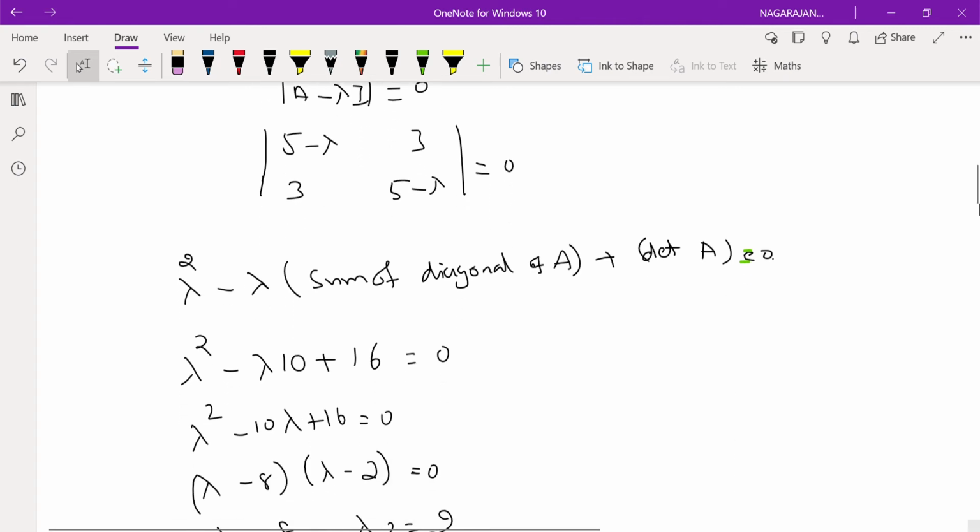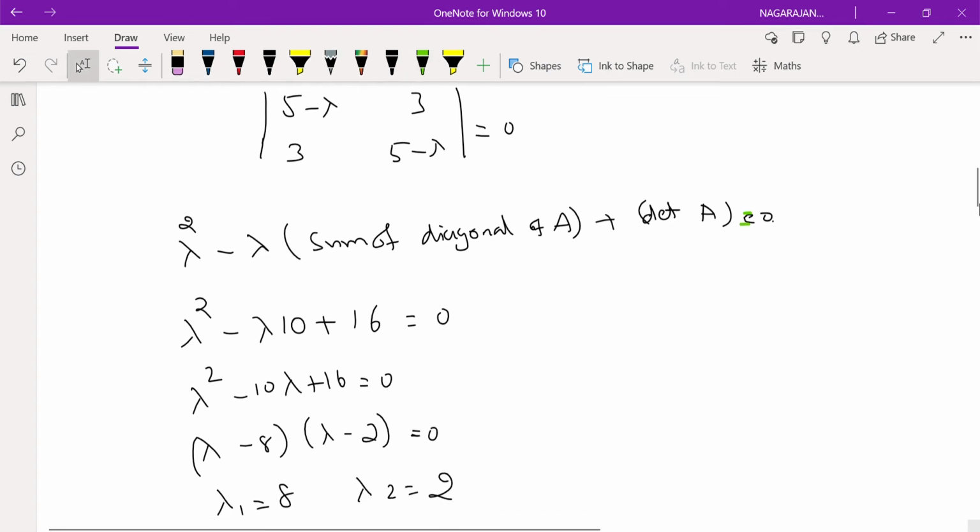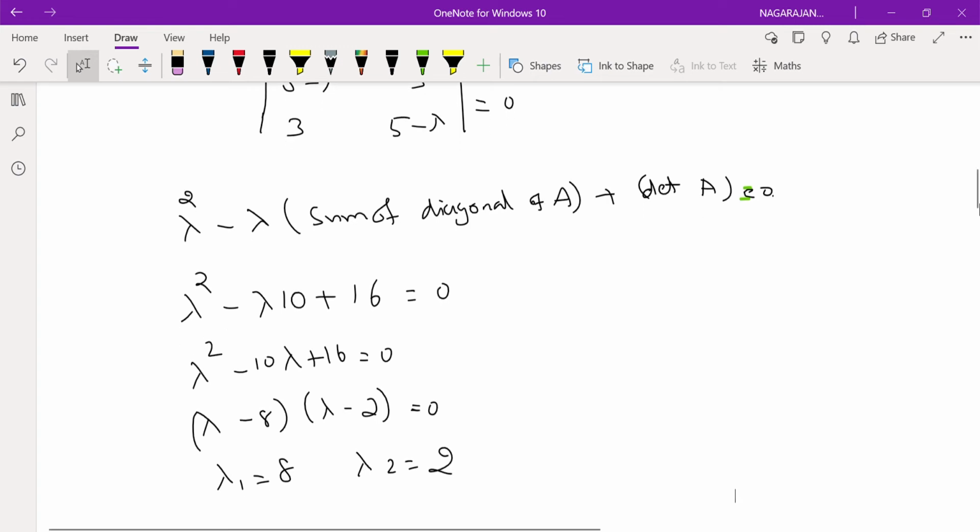We can factorize: multiplication is 16, addition is minus 10. So lambda minus 8 into lambda minus 2 equal to 0. So lambda 1 equal to 8, lambda 2 equal to 2. These are the two eigenvalues of the matrix A.